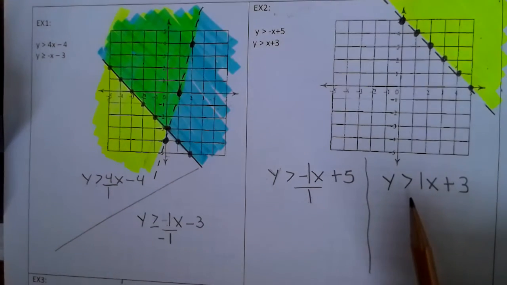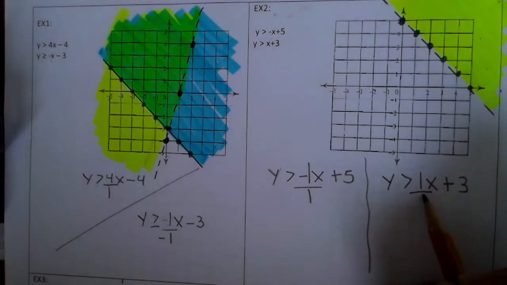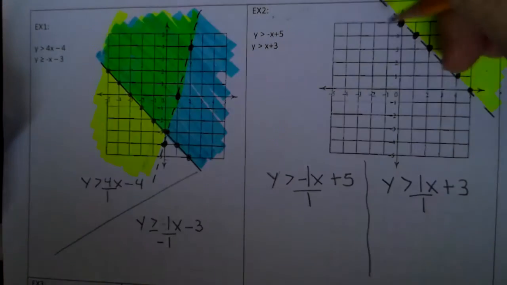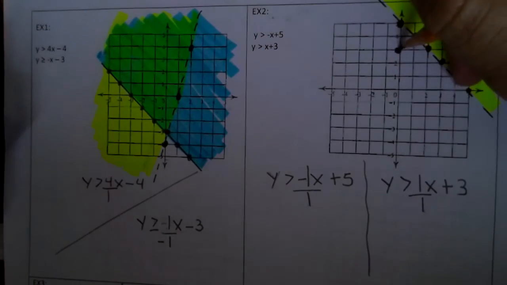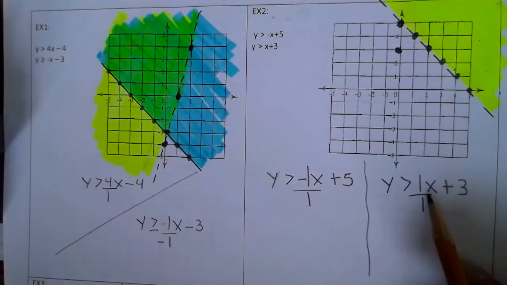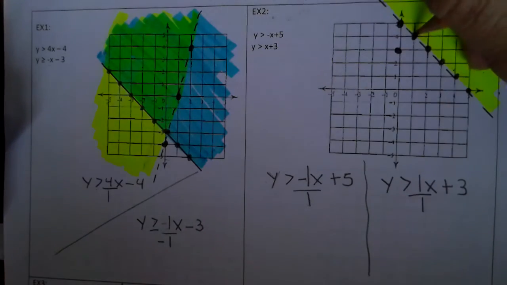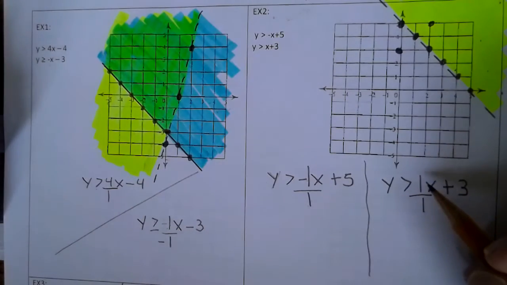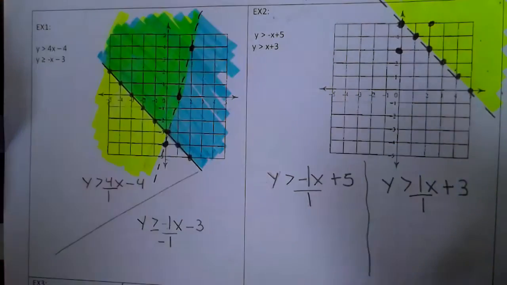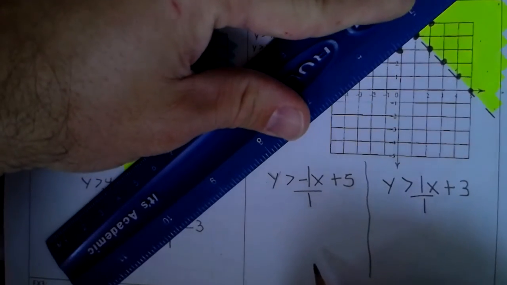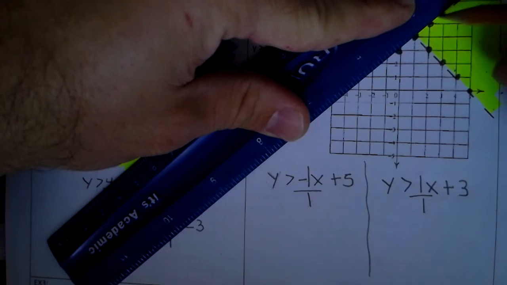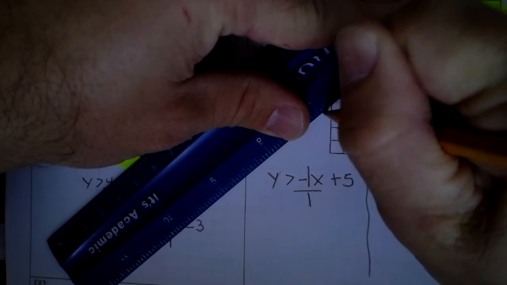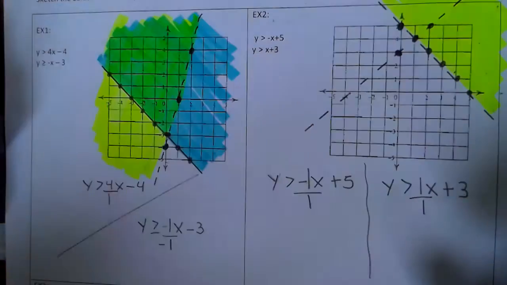Okay, so we start at positive 3, 1, 2, 3. And then we go up 1 to the right one, up 1 to the right one, up 1 to the right one. There's no line underneath, so it's a dashed line. Okay, and then this one's greater than as well, so we shade above.